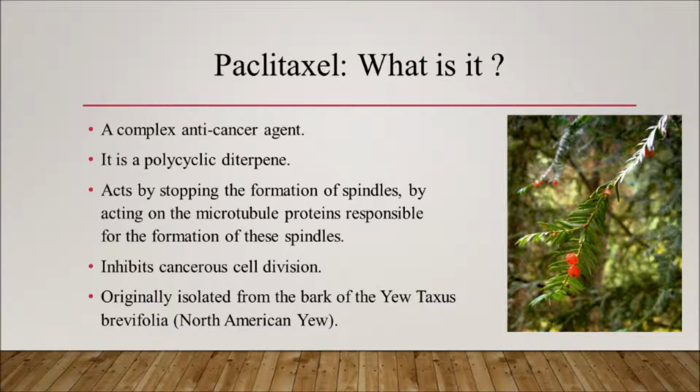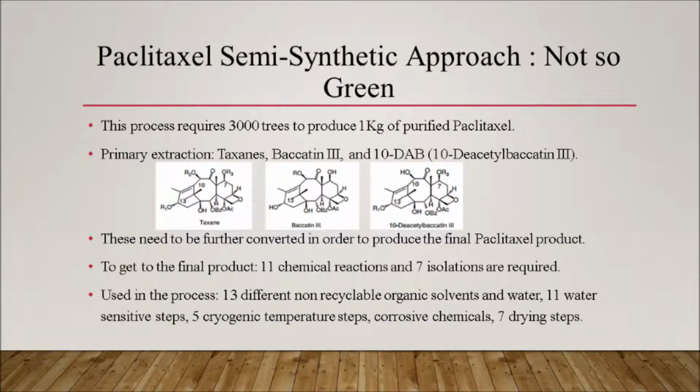Now, if you find that description a bit daunting, all you have to know is that it's a relatively simple cyclic molecule with side chains and oxygen linkages, which stop the cancerous cells from spreading. The paclitaxel molecule was also originally isolated from the bark of the North American yew tree, which can be seen on the slide.